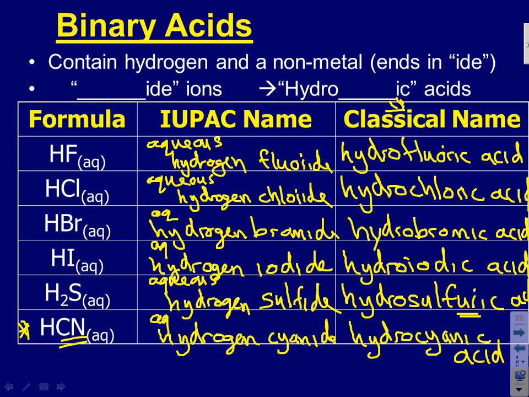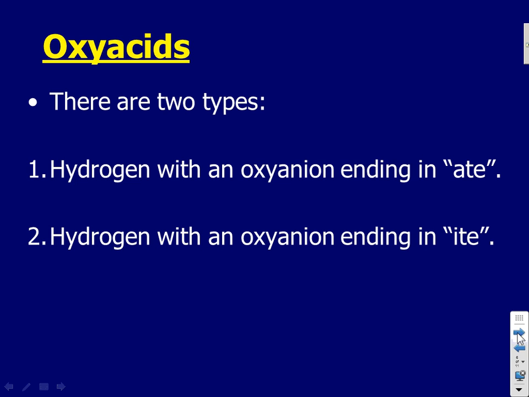All right? Okay. Let's move on to the oxyacids. Don't write this down. We're going to do oxyacids, and there's two types. There are oxyanions that end in -ate, or oxyanions that end in -ite. And so now we're looking at the chart on the back of our periodic table because we're looking for those anions that end in -ate or that end in -ite.